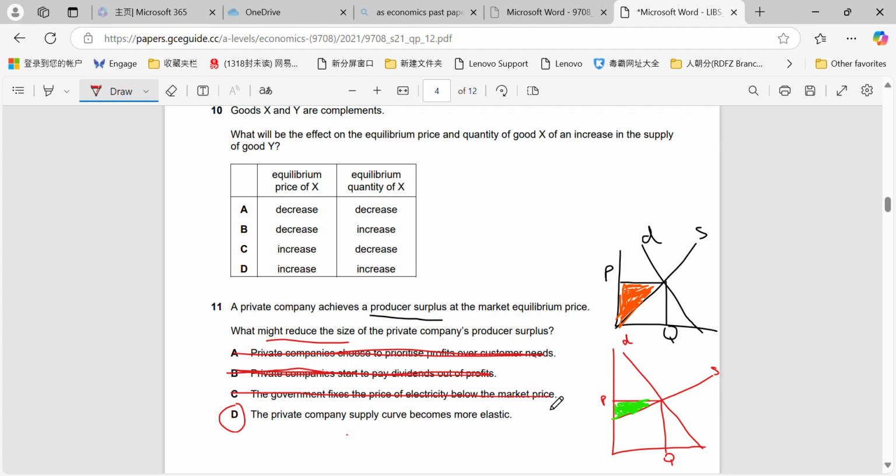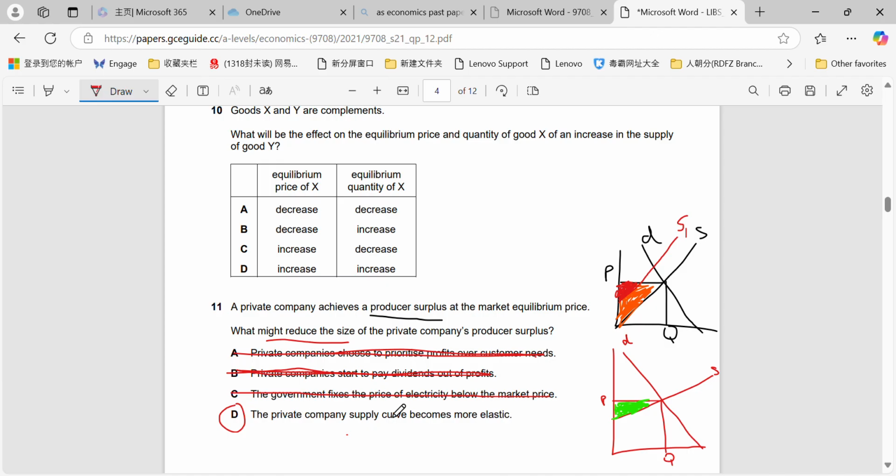That might actually cause the supply curve for this private company to shift to the left. And if you shift this to the left over here, you can see that that will actually reduce the size of the producer surplus. So it is a possibility, right? However, the one that is definitely going to do it is D, right?